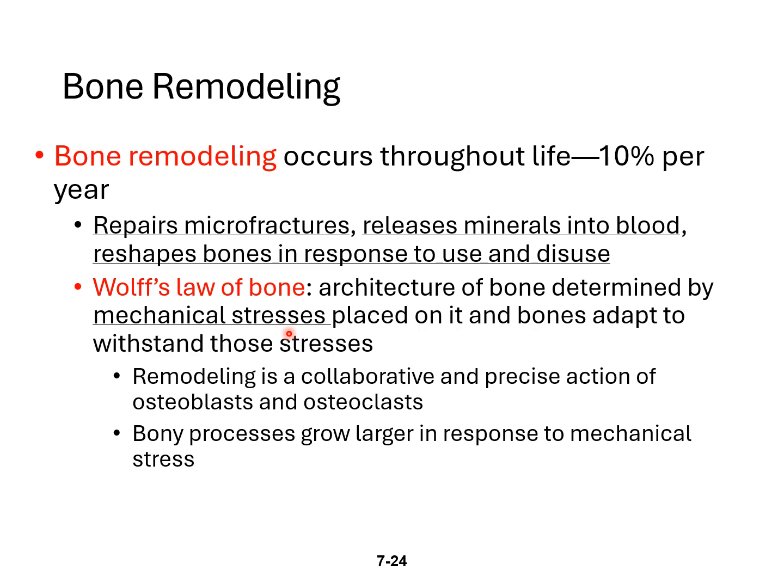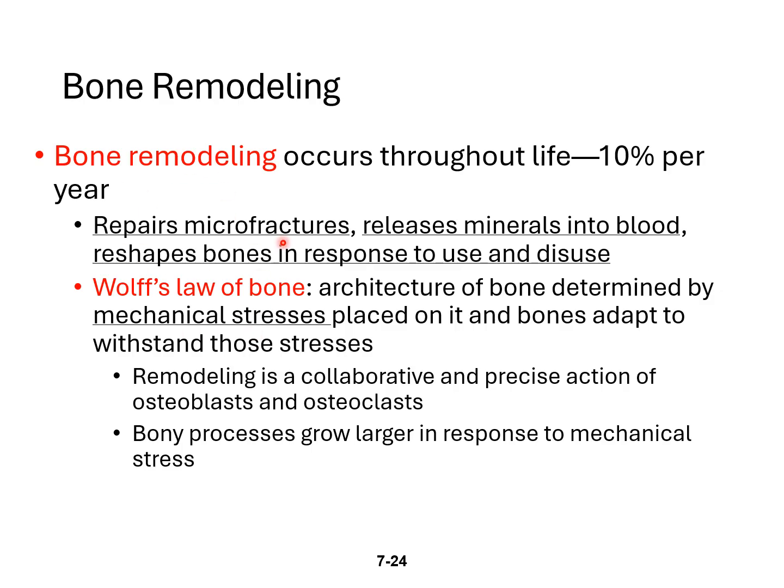So everybody's bones, depending on what they're doing with them, are going to look a little different. All your bones are going to be roughly the same shape. Some might be thicker or wider because more weight or more stresses are put on that individual bone.